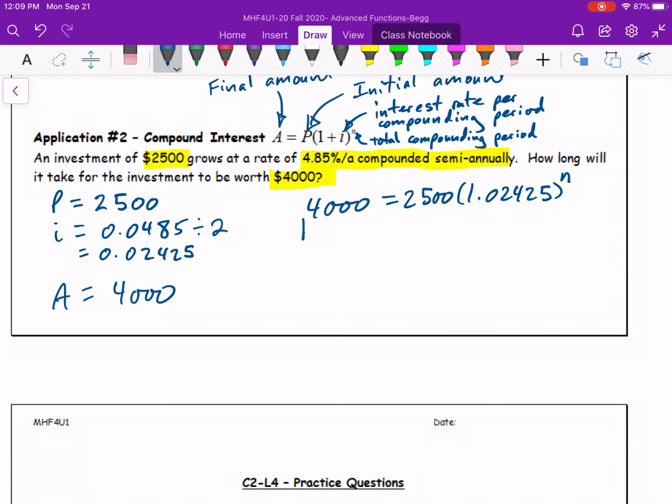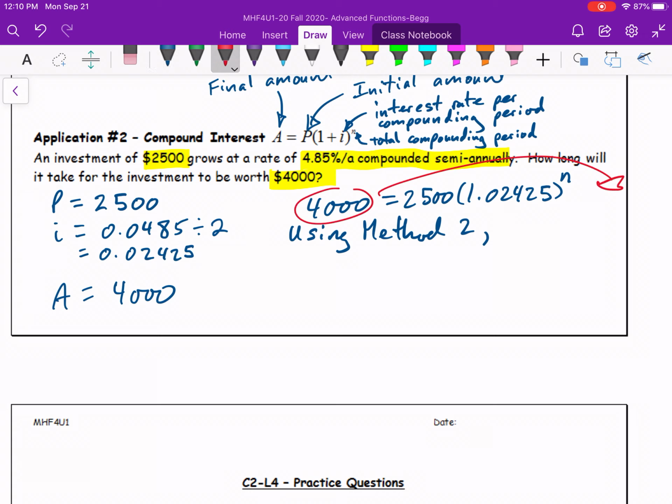Let's use method 2 this time, where we bring everything to one side and graph a single function. So that means I'm going to take this 4,000 and move it over to the other side and subtract it.